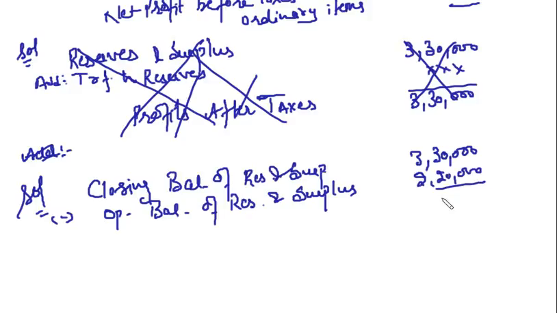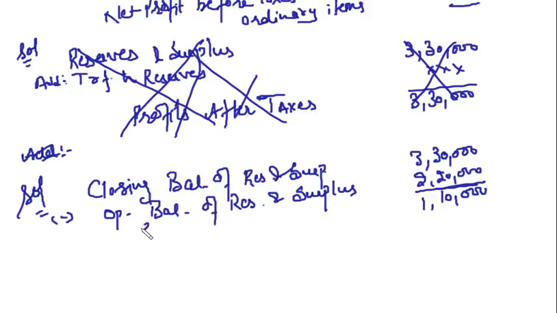Now this amount is the amount that I have earned this year. This is the amount of surplus during the current year, because I have the surplus at the end of the year and the surplus in the beginning of the year. If I subtract these two, I will get the surplus earned during the year.